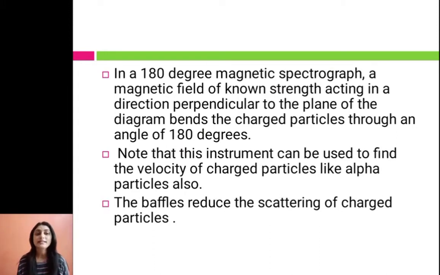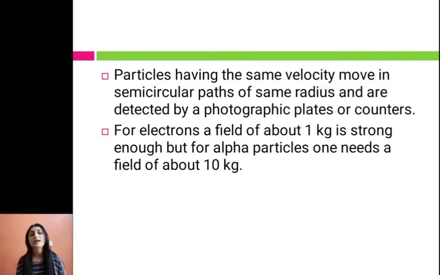In a 180-degree magnetic spectrograph, a magnetic field of known strength acting in a direction perpendicular to the plane of the diagram bends the charged particles through an angle of 180 degrees, that is, a semicircular path. The particles having the same velocity move in semicircular paths of the same radius and are detected by photographic plates or counters.